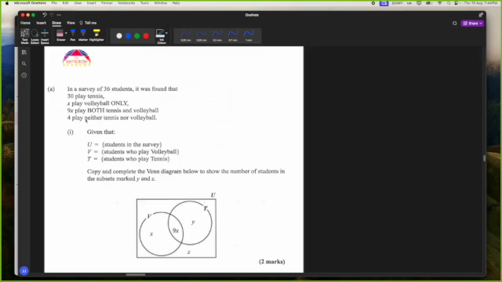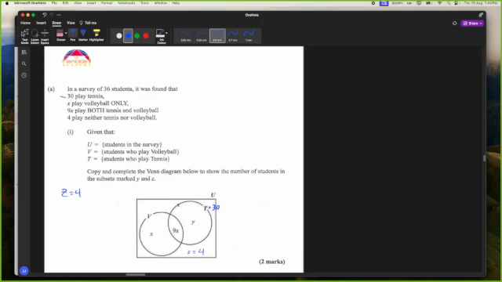So 4 play neither tennis nor volleyball. So that would be here. So Z is 4. And Y is the people who play tennis only. So the people who play tennis only, 30 play tennis, 9x play both tennis and volleyball. So 30 play tennis, that is the total.